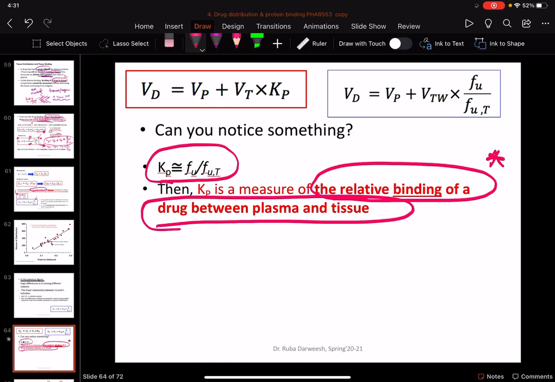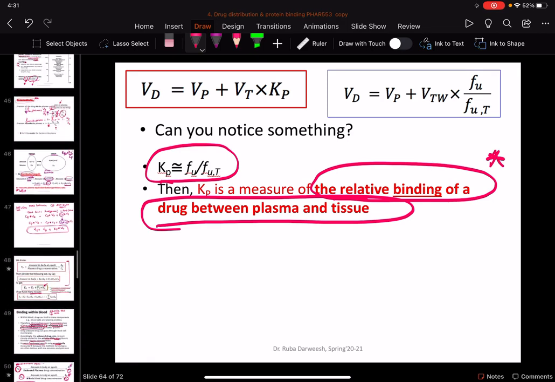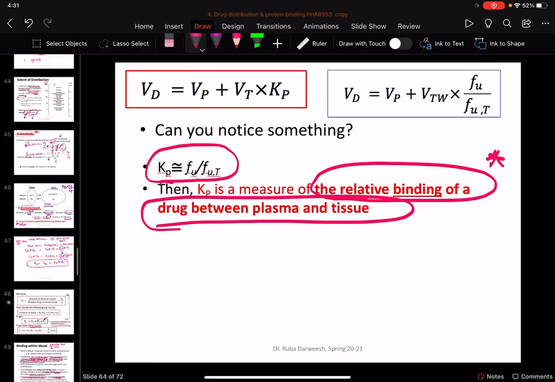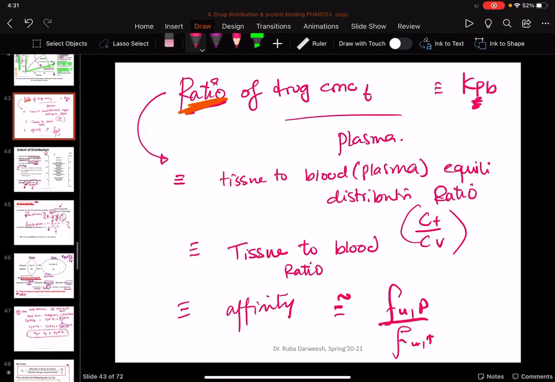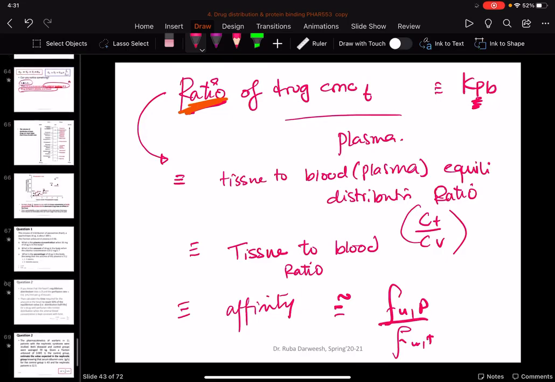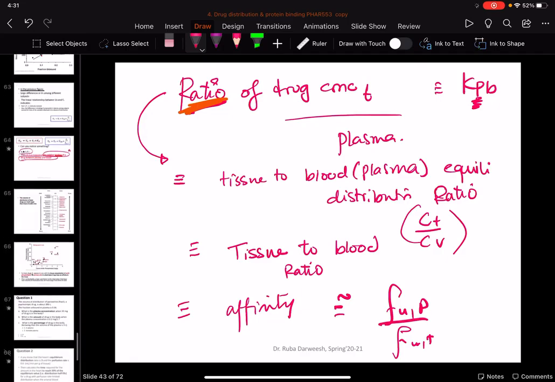So remember what I mentioned in this slide, which is equal to fraction unbound in plasma over fraction unbound in tissue at equilibrium. So this is the tissue to blood or plasma equilibrium.